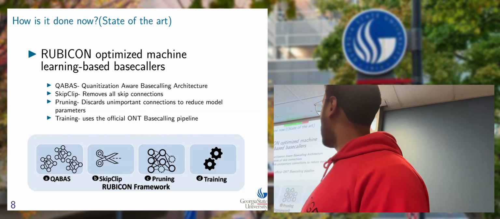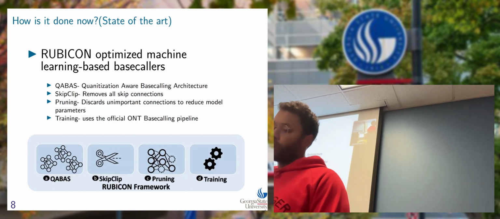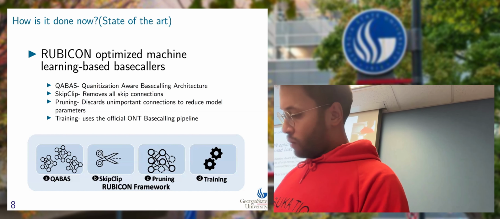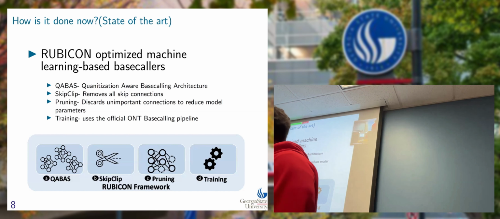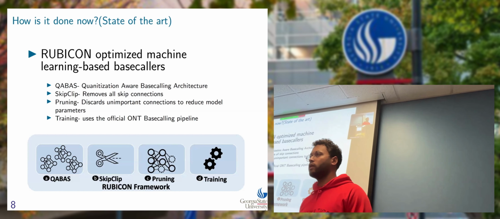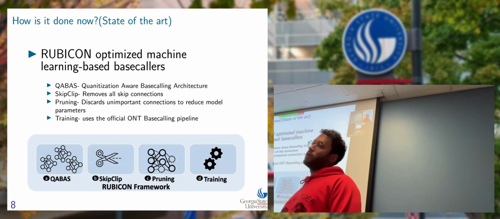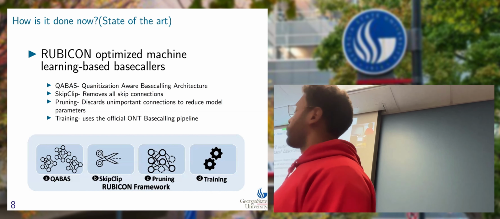From there, you take this model and you cut out all the skip connections in your recurrent neural network. Why do you skip clip? These skip connections actually increase the computational load on your hardware.